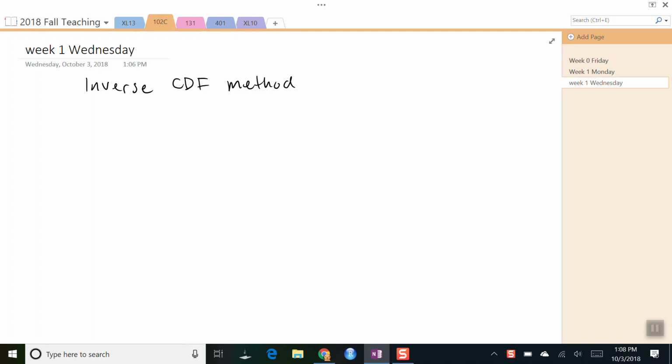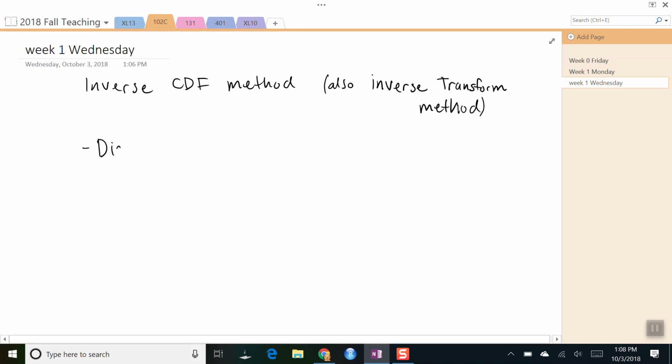So today we'll take a look at discrete distributions. The inverse CDF method is also known as the inverse transform method. Here we'll look at the discrete case.